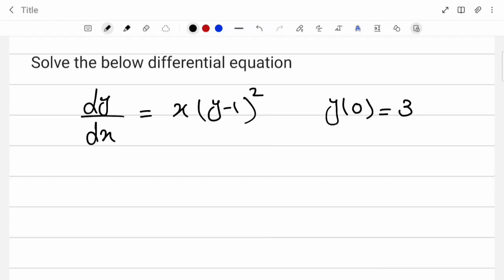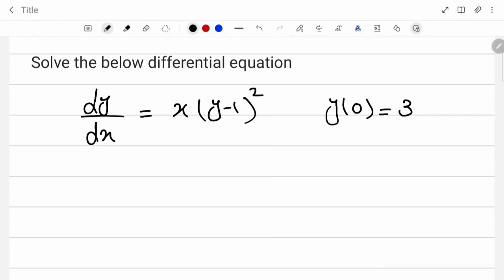We will learn advanced differential equations later, where it is hard to separate them, but this is a very easy concept, where we simply separate x variables and y variables. So now let's start and check how we do it.